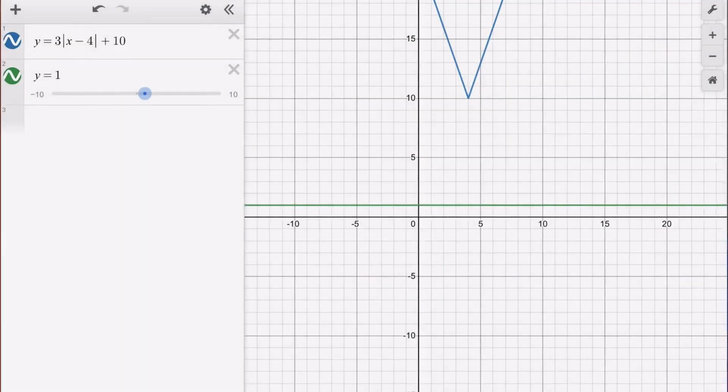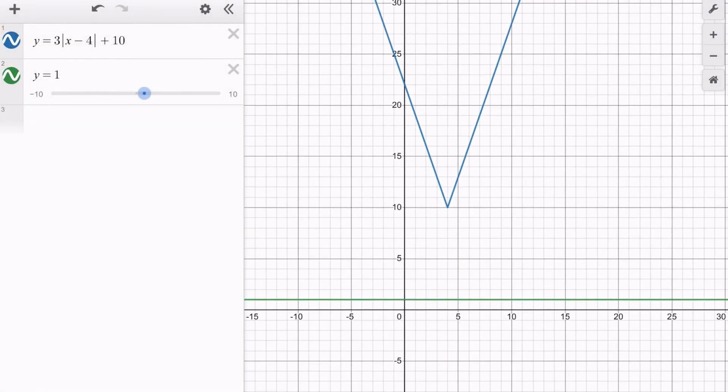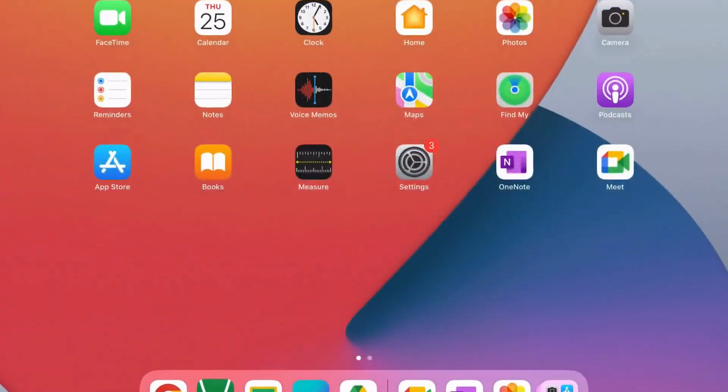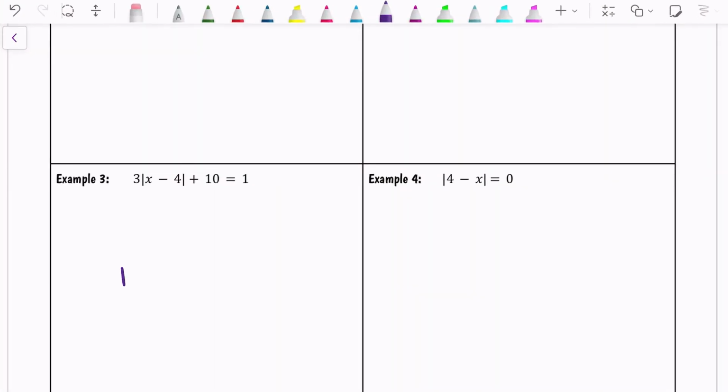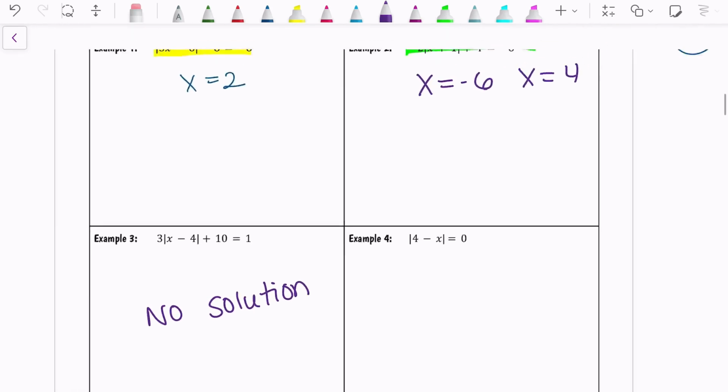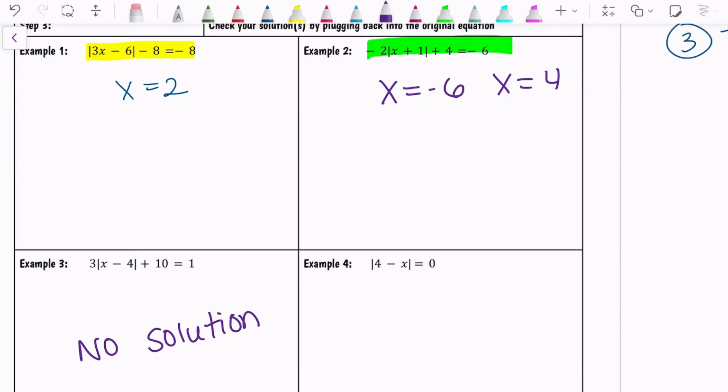In this situation, it never crosses. My absolute value, that V-shaped graph, is way above the line. It's never going to cross it. What that means is there's no solution. So those are the 3 typical scenarios with absolute value. You either have 1, 2, or no solution. That's when your absolute value is something that's equal to a line.